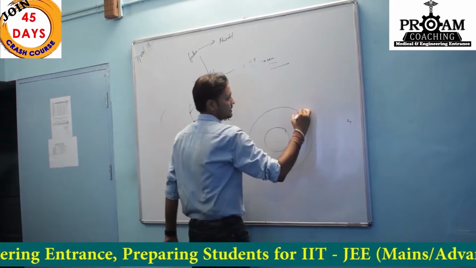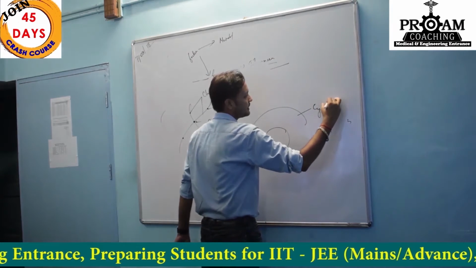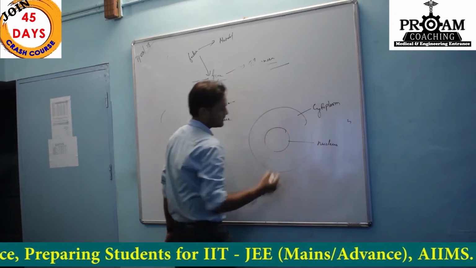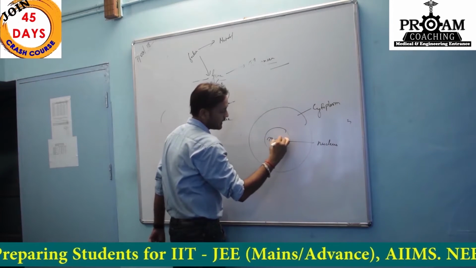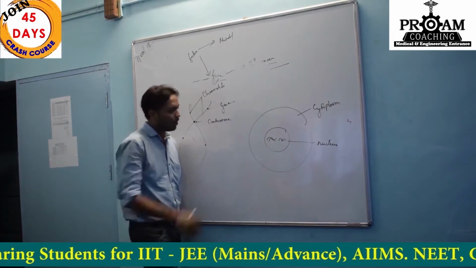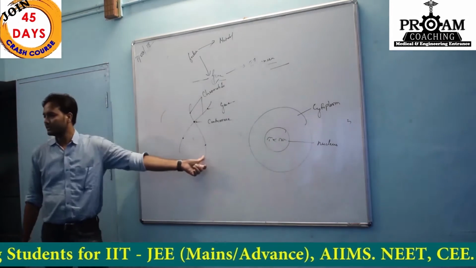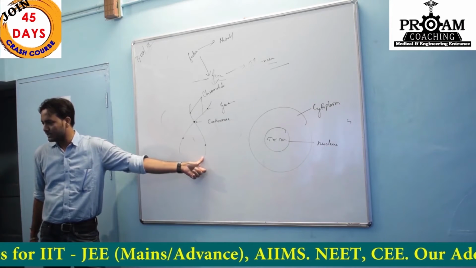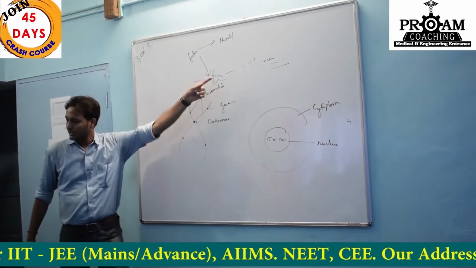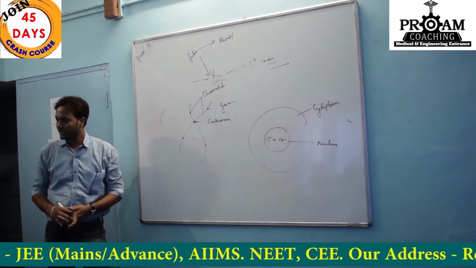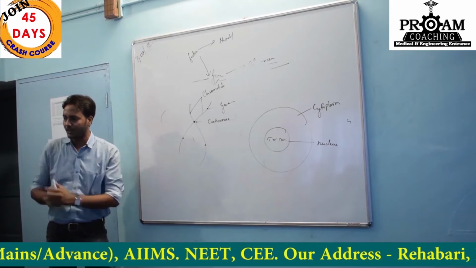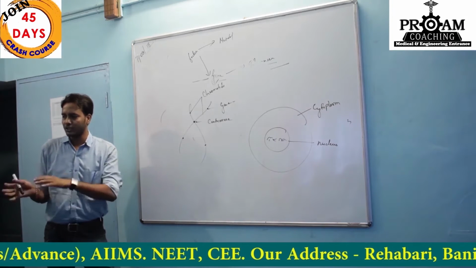This is cytoplasm, and this is nucleus. In the nucleus there are chromosomes, and on this chromosome there are genes. Is this clear? Genes, who gave it? The term gene was given by Johansen, but the gene was called factor by Mendel. Later on changed to gene.